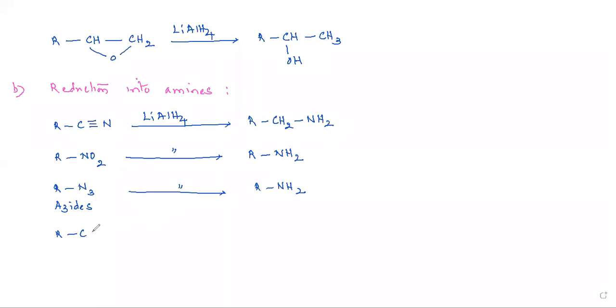Cyanides. Of course, cyanides are reduced into primary amines. Let us take isocyanides now. These are reduced into secondary amines.